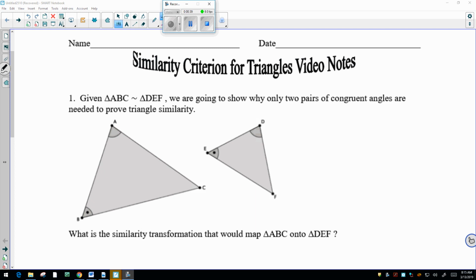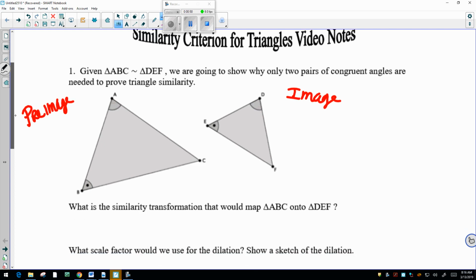So this first statement, it says, what is the similarity transformation that would map ABC onto DEF? So with that in mind, this would be considered our pre-image, and then this would be considered our image. So I'm trying to transform ABC, map it onto DEF.